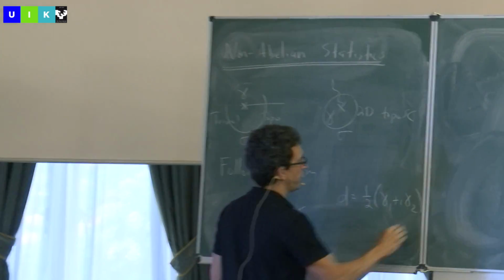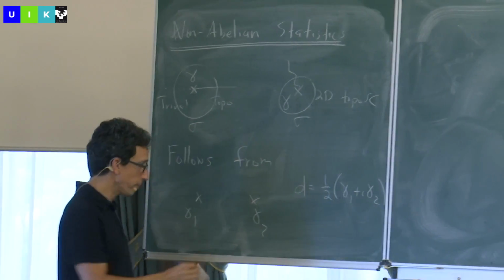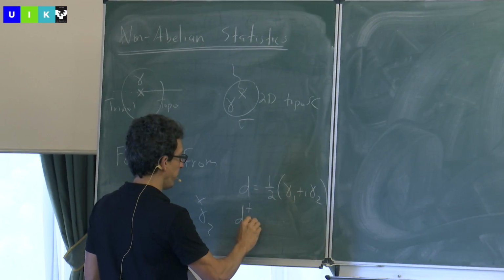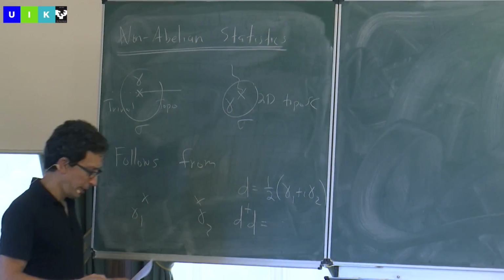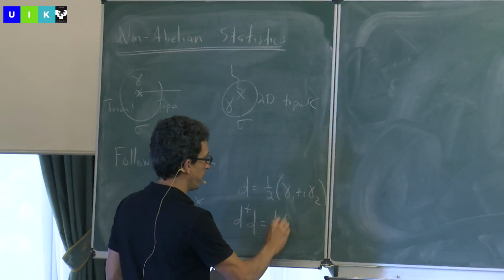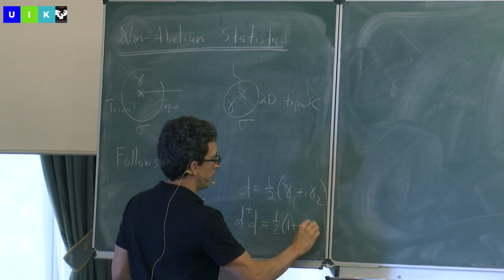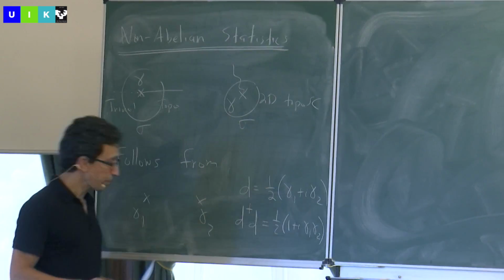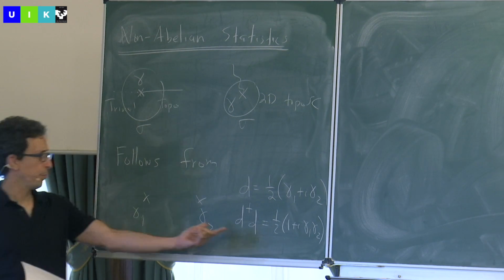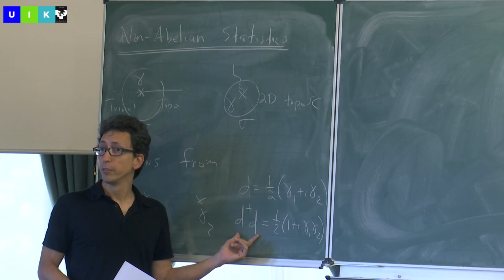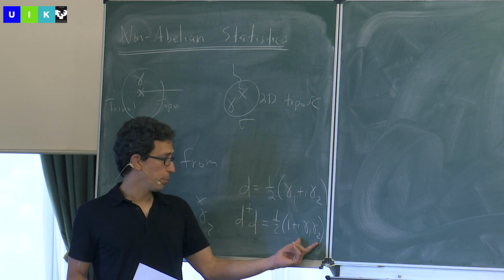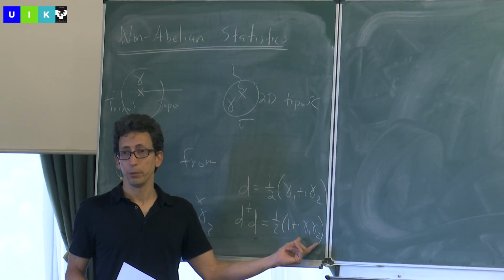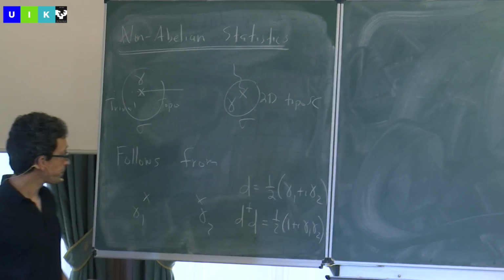D is just 1/2 (gamma 1 plus i gamma 2). And the corresponding occupation number, D dagger D, is just 1/2 times (1 plus i gamma 1 gamma 2). I'll remind you that the occupation number 0 and 1 for this D fermion corresponds to states where i gamma 1 gamma 2 is either plus or minus 1.